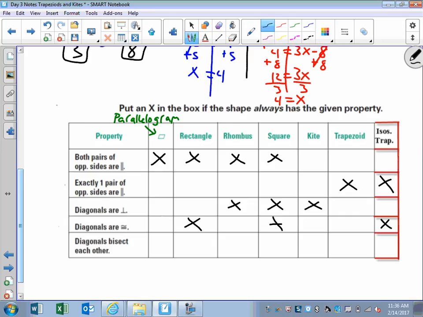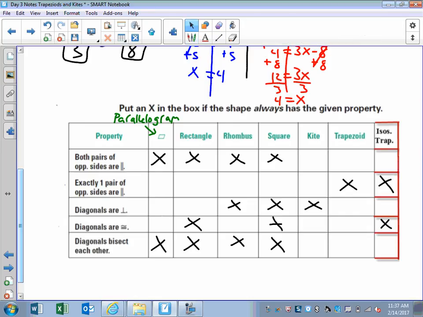Last one, diagonals bisect each other. If you remember from the last lesson, it was true for a parallelogram. So if it's true for a parallelogram, it's true for a rectangle, a rhombus, and a square. So it's true for all of them, those four. So again, if it's true for a parallelogram, it's true for a rectangle, rhombus, and square.